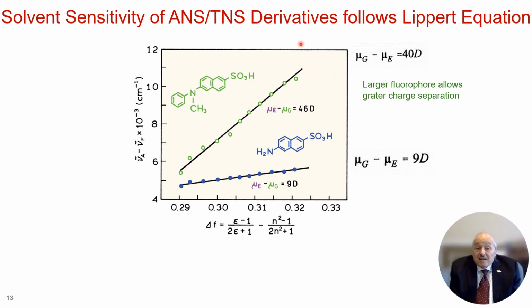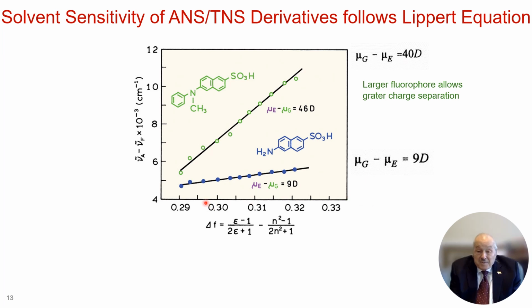So let's look at the solvent sensitivity of some ANS, TNS type molecules. We have two different molecules here, a smaller one and a larger one. Stokes shift is here in frequency terms. The orientation polarizability is here along the x-axis, and all you can calculate is the difference in the dipole moment between the excited state and the ground state.